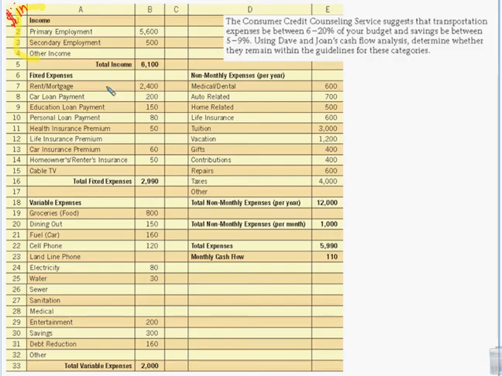Everything else is money out. Their cash flow is what's left over at the end. Luckily for them, it's positive. So they have a positive cash flow, which means they're bringing in more than they're sending out.